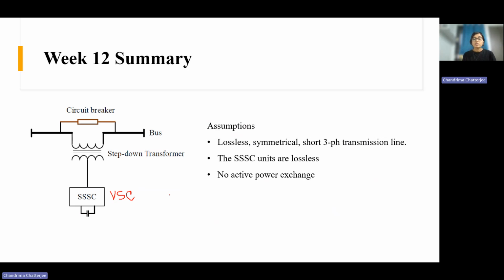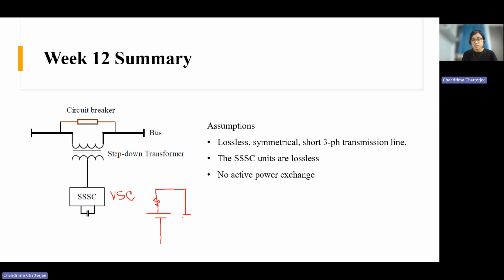Usually if you see the structure of a normal VSC, there will be an active DC source, and obviously there will be some internal resistance associated with this DC source.